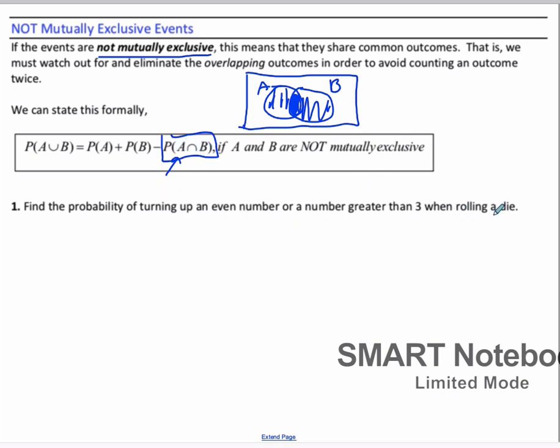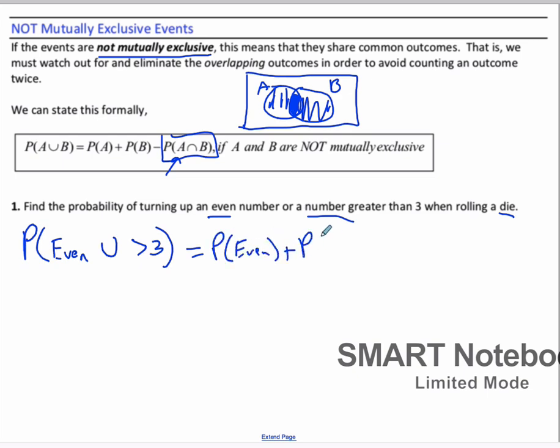So if you roll a die, what's the probability of even or a number greater than 3? We have to do the probability of even plus the probability of greater than 3 minus the probability of even and greater than 3.